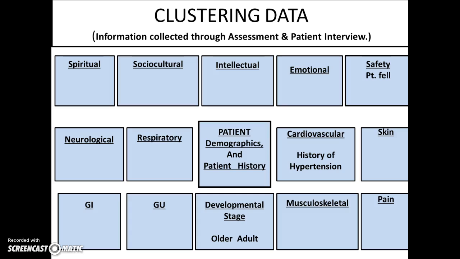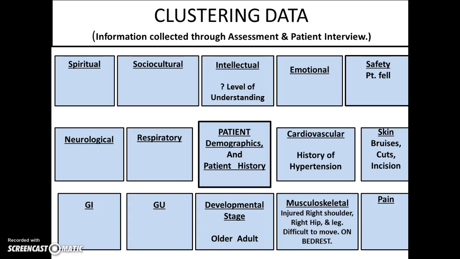We may also put here about the diabetes, since diabetes does affect your cardiac system. Oh, his skin, yes, he has bruises, cuts, and incision, and I believe they said he was starting with a pressure sore. Musculoskeletal, he injured his right shoulder, hip, and leg, and he's difficult to move, and he's on bed rest.